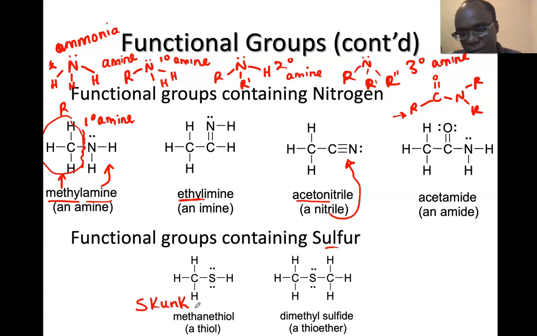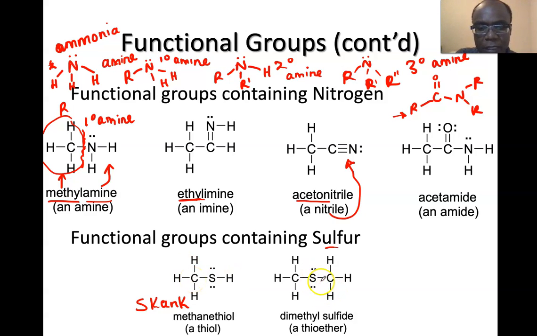You know what a skunk is, the animal that releases bad smell from their behind. So that's a thiol. They give thiols out, and there's one carbon, so this is called methanethiol. We'll talk about this when the chapter comes.